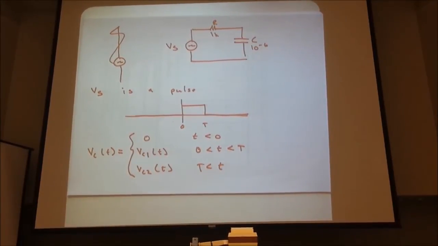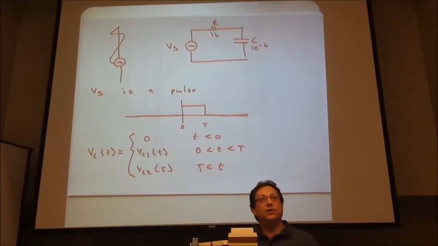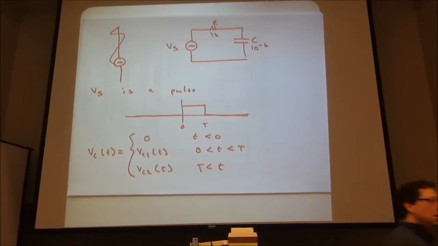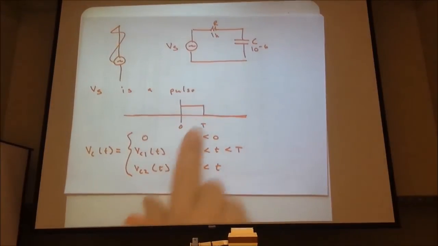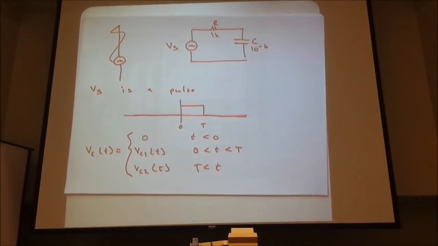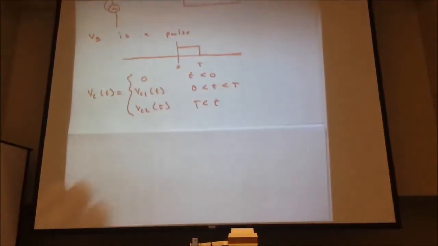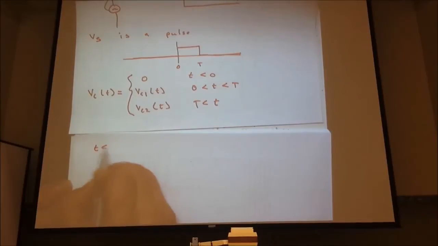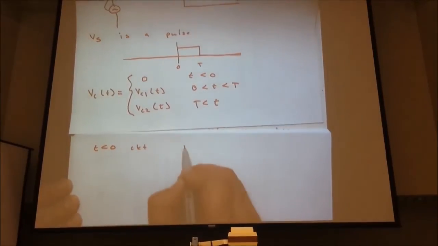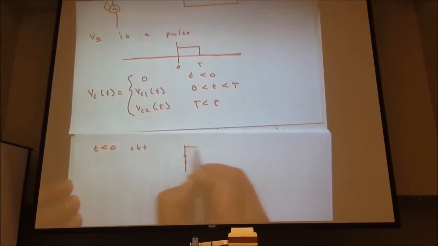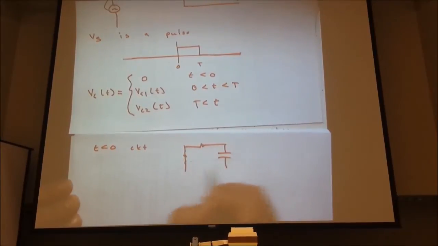Why do I divide it up like this? Because each of those, I call them regions, corresponds to a different circuit. Essentially, we have a pulse, but what does that mean? It's a different circuit. And we can quickly draw these circuits. So our t less than 0 circuit, well, that's just shorted out. So that's our 0 initial condition circuit, no source.